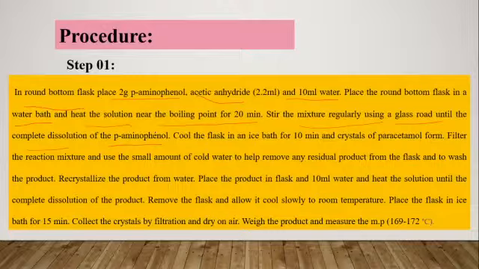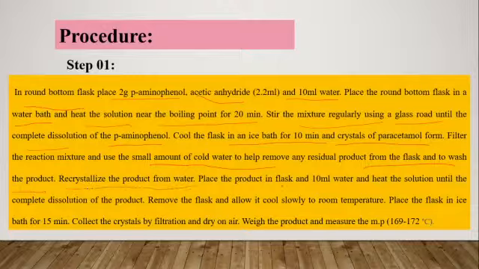Cool the flask in an ice bath for 10 minutes and then we will get the crystals of paracetamol. Then filter the reaction mixture and use a small amount of cold water to help remove any residual product from the flask, and then we will wash the product and recrystallize the product from water.